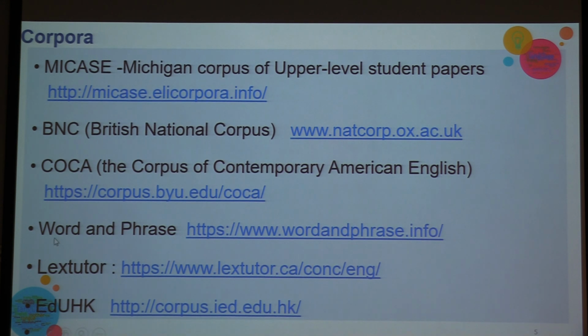And Word and Phrase is very similar to COCA, so it contains only American English, and the search interface is very similar. LexTutor actually is a very good one. Personally, I've been using this website for 10 years, since I came here. So I recommend this website to all of you who are interested in vocabulary learning and teaching.